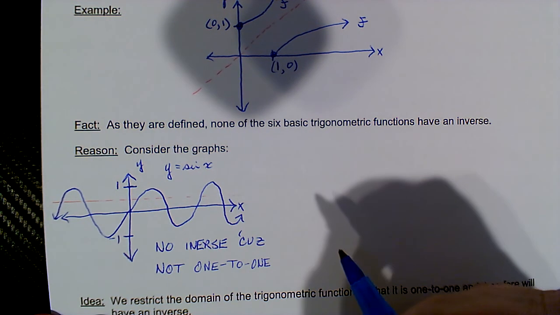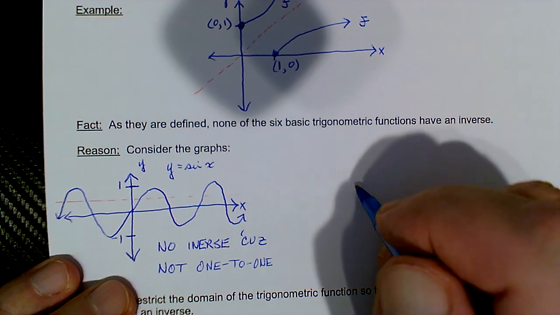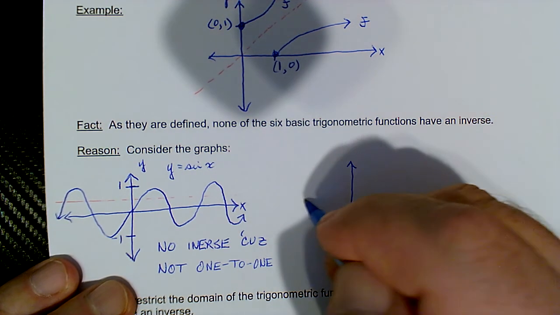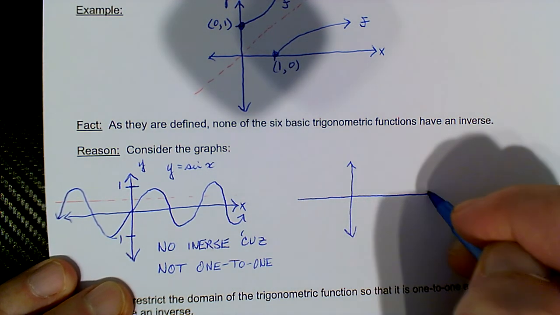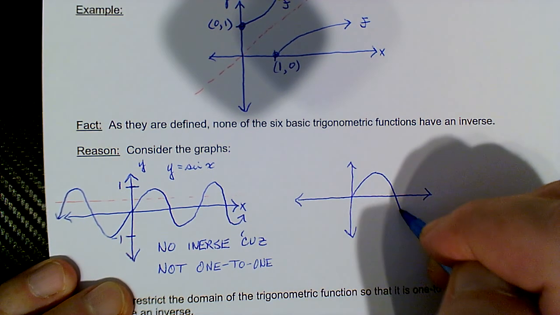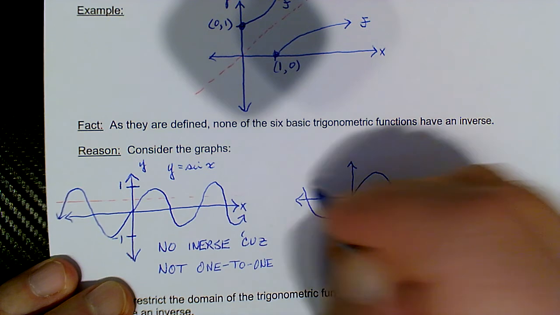The reciprocal functions, cosecant and secant, are just taking the reciprocal of the sine and cosine functions. You don't really have to know these graphs, but they're actually kind of easy to understand.